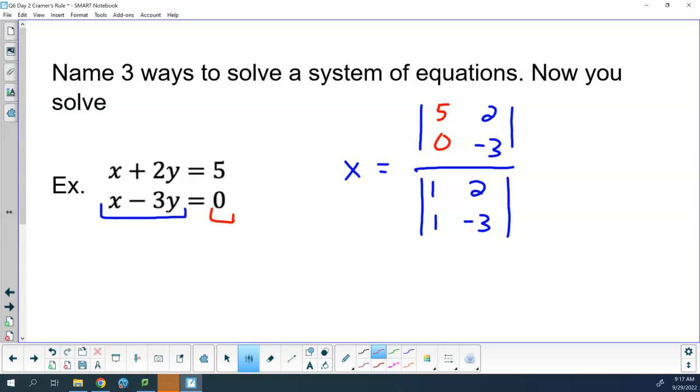Now, we solved this system already, and we found that x was 3.